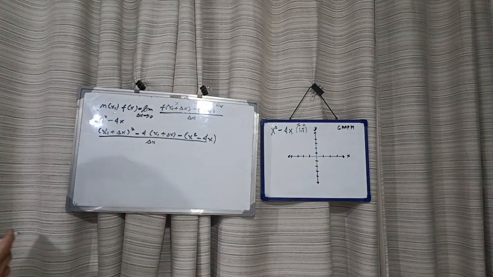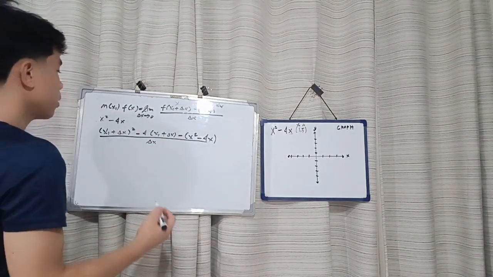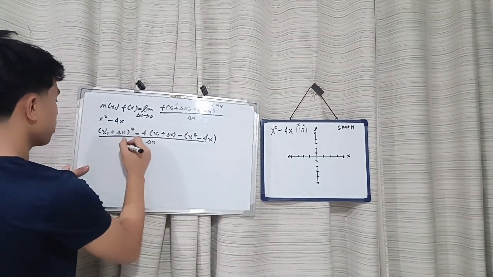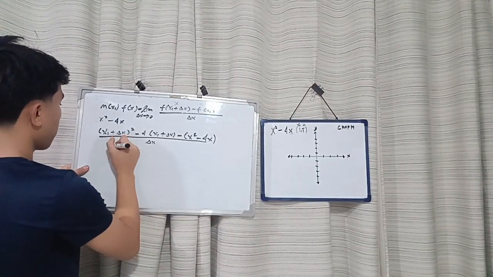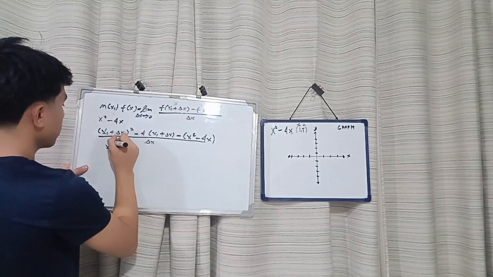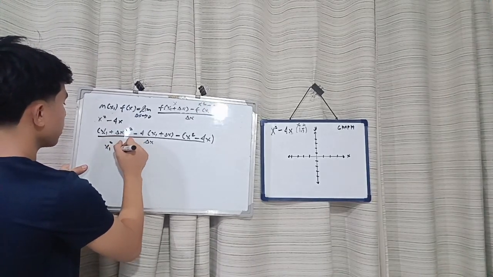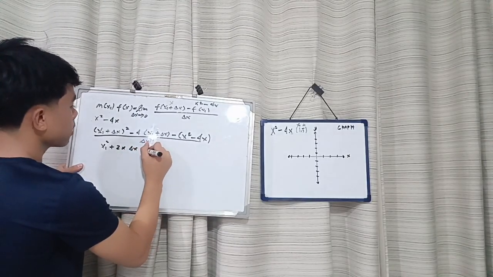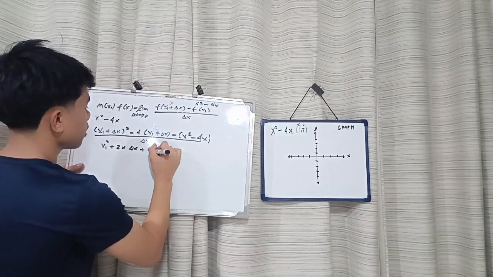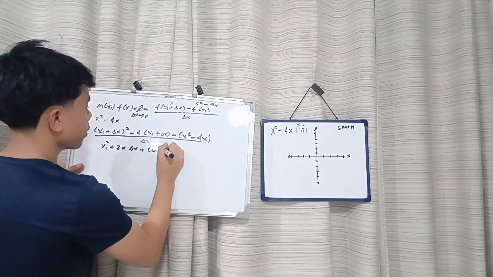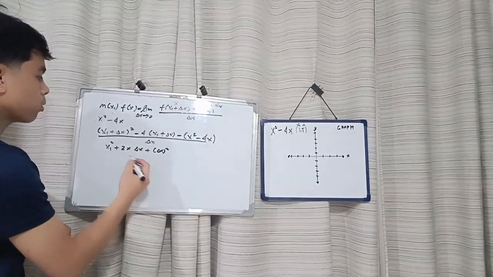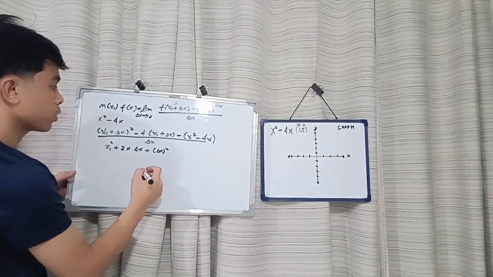The next step is to expand this: x sub 1 squared plus 2x delta x plus delta x squared.